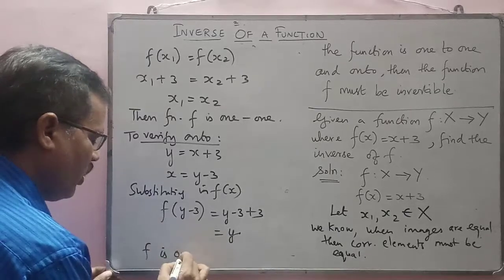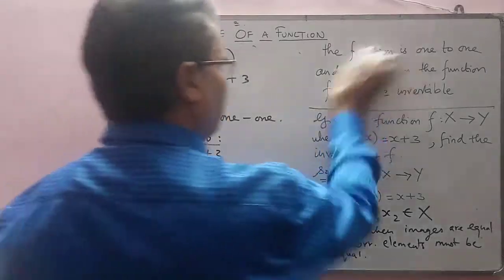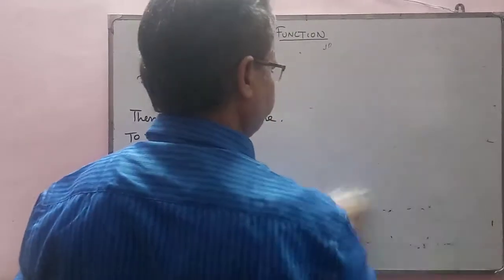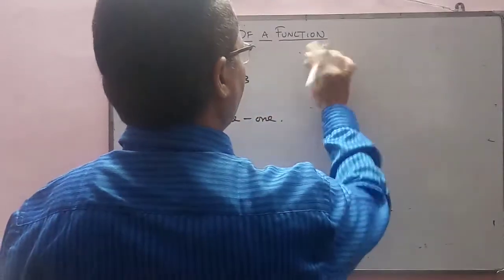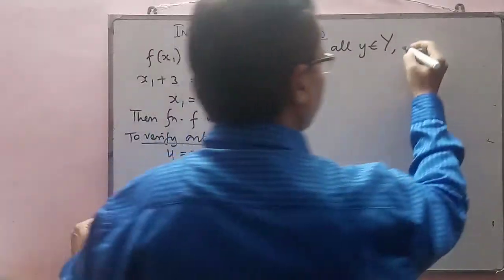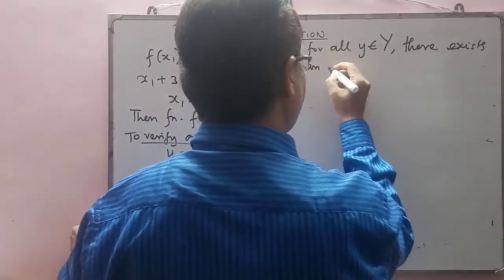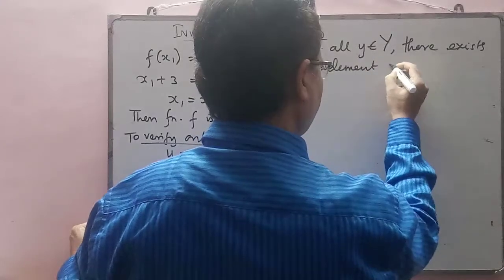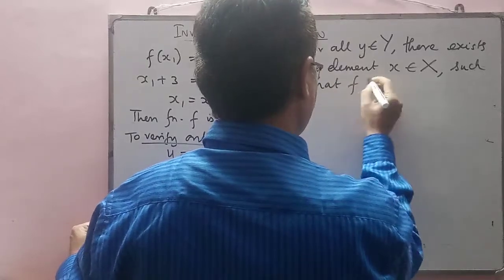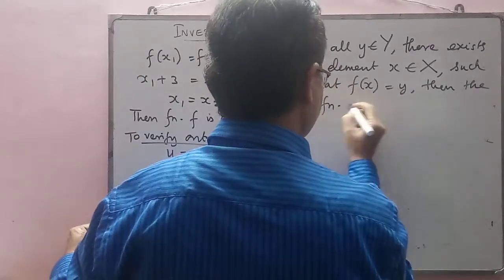F is onto function. I will write the definition. If you have forgotten the definition, I will write it now. How it is onto function. For all y belongs to capital Y, the codomain, if there exists an element x belongs to capital X such that f of x equals y, then the function f is onto.